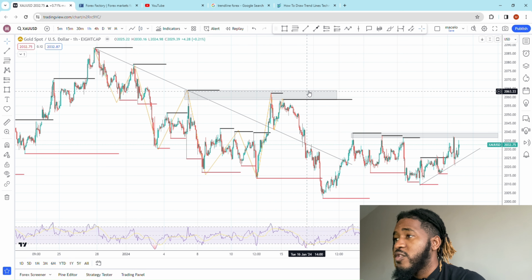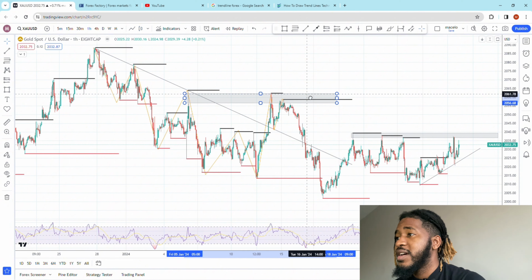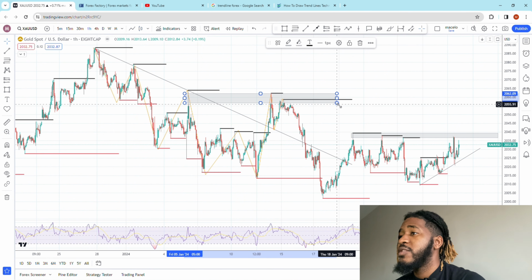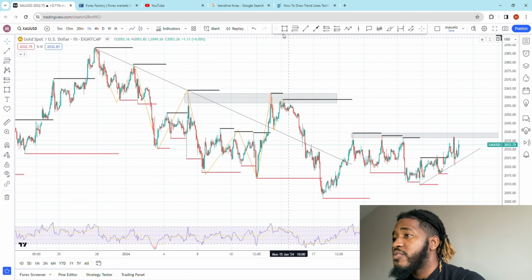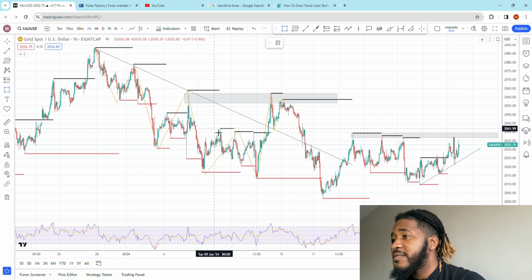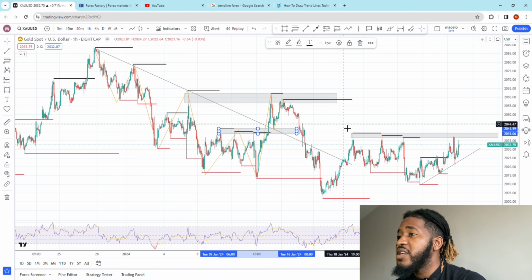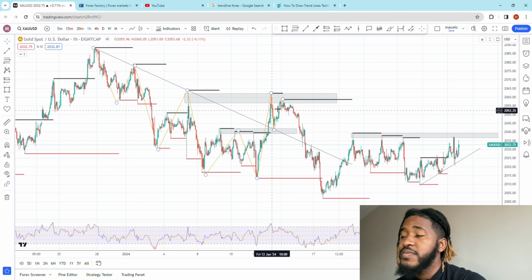Or you could also draw this within this zone area like that, and price only came right back to that area. We also had the break and the retest of these areas to make price buy the way it bought. So we had the break of this trend line plus the break of this zone.